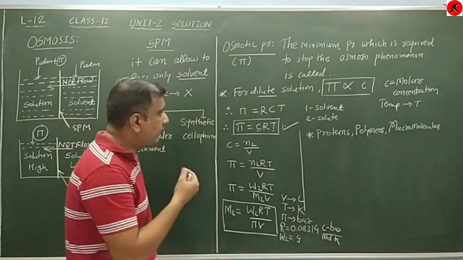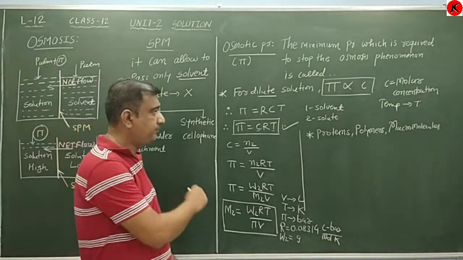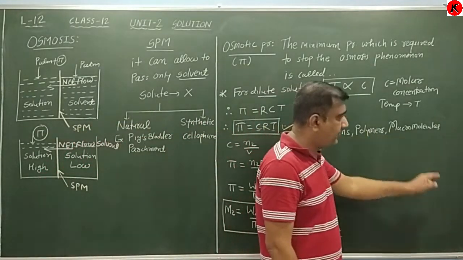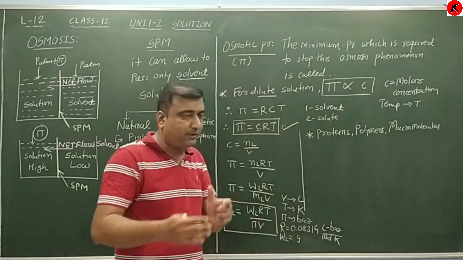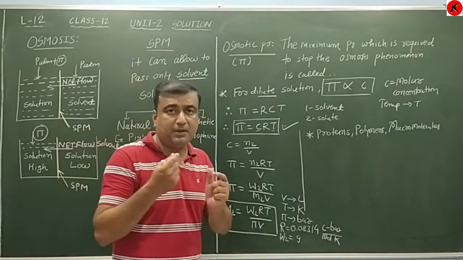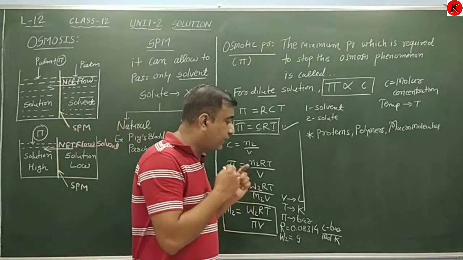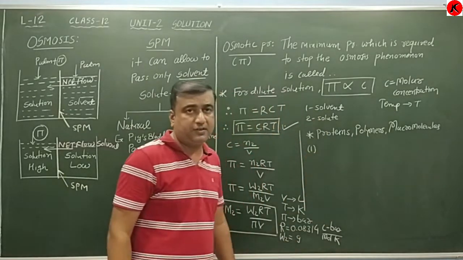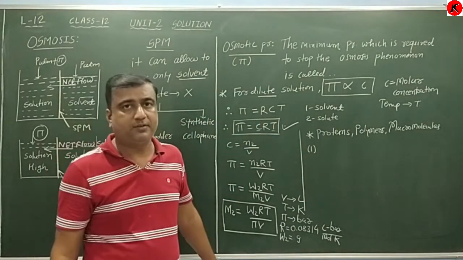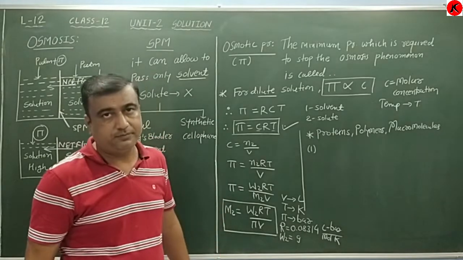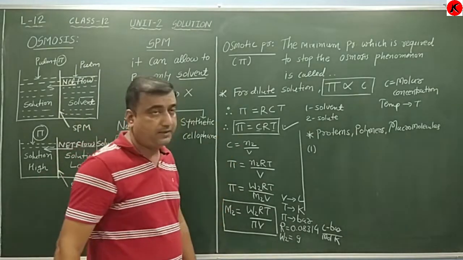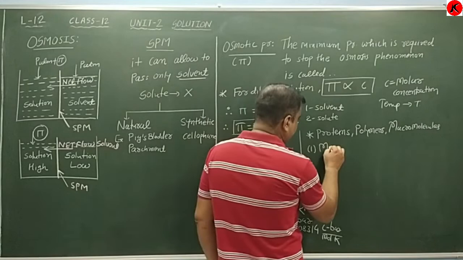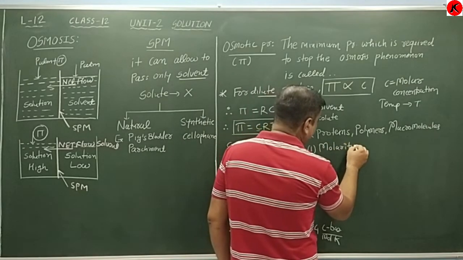So, why is the osmotic pressure method used to calculate the molar mass of proteins, polymers, macromolecules? From the given four methods based on colligative properties, the osmotic pressure method is used. What are the reasons? The first reason is that it is based on molarity.